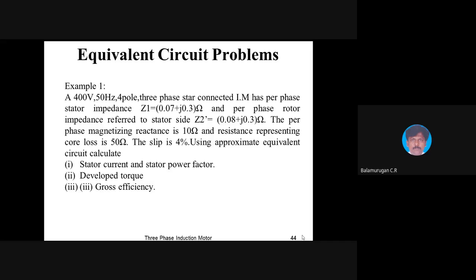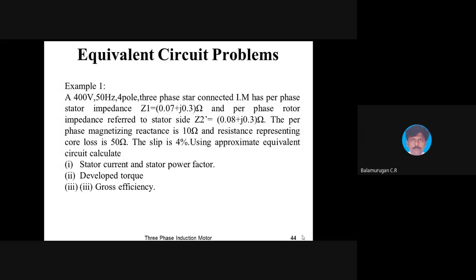In the third subdivision, we are supposed to calculate the gross efficiency. Gross efficiency will be PM divided by P in, that is the mechanical power divided by the electrical power.